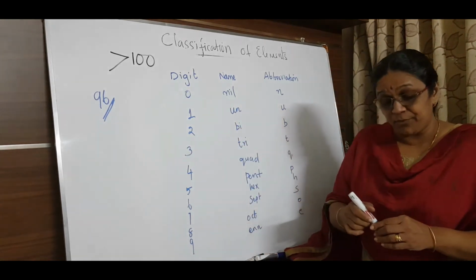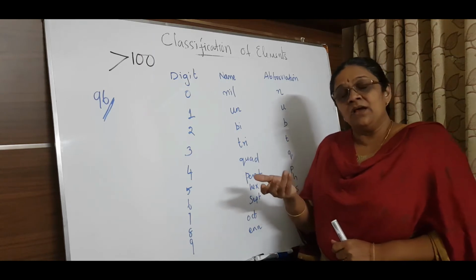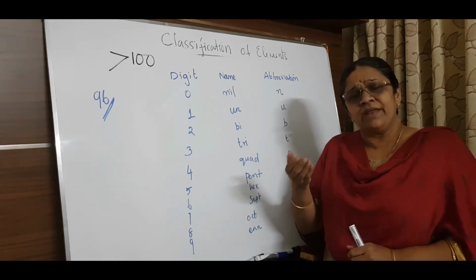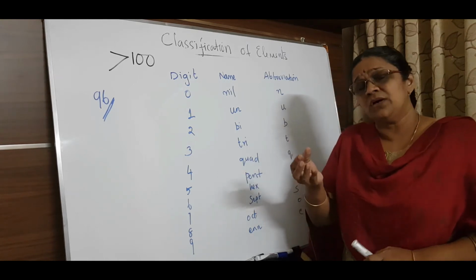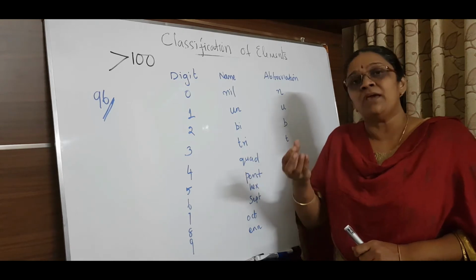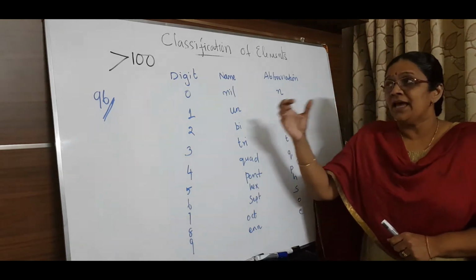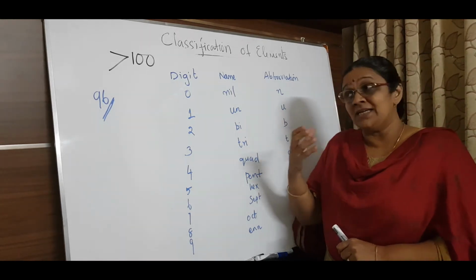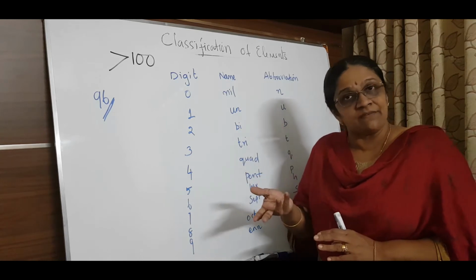Many scientists had put forward discoveries of elements, of which only very few were confirmed. So it is difficult to name those elements. Elements are mainly named after the discoverers, isn't it?